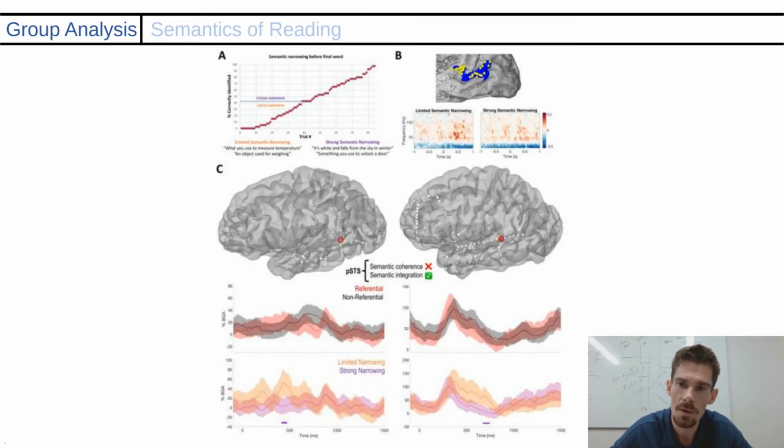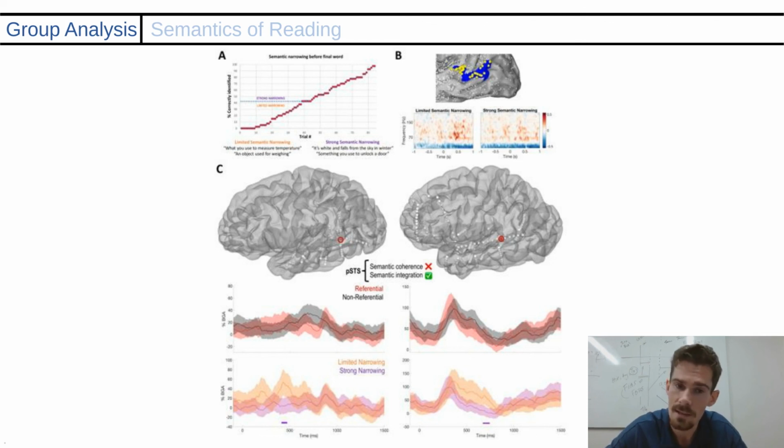Again, isolating one of the regions from this area was PSTS. PSTS uniquely responded for the narrowing analysis that I just showed you on the last slide, but if you recall, it wasn't responsive to the broader referential versus non-referential analysis. So what's going on here? Well, this seems to suggest that PSTS, as I showed at the beginning of this talk when I talked about combination, codes for semantic integration.